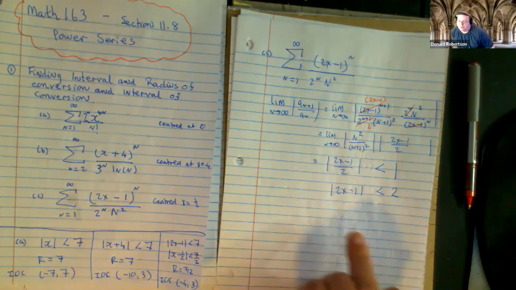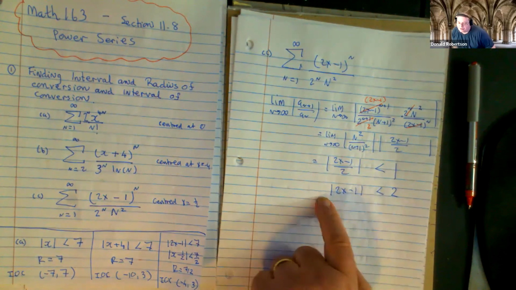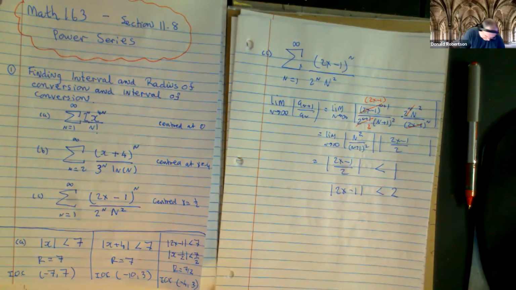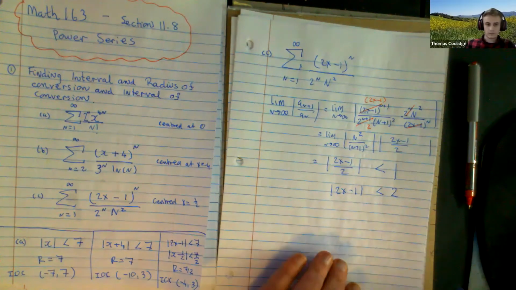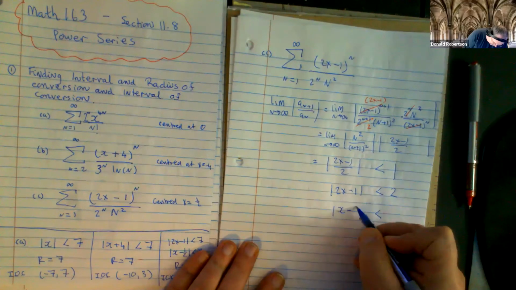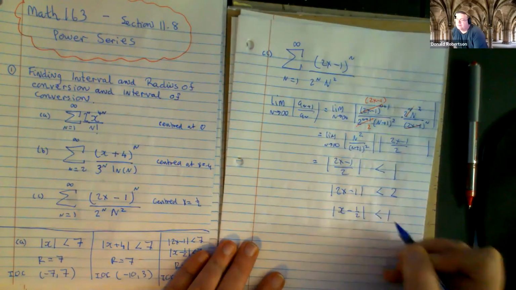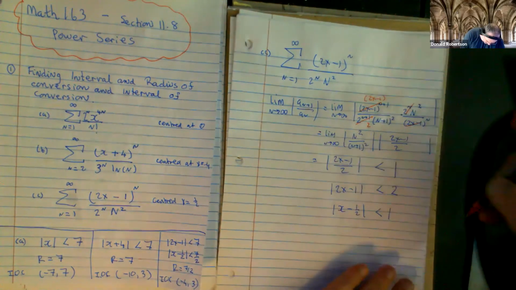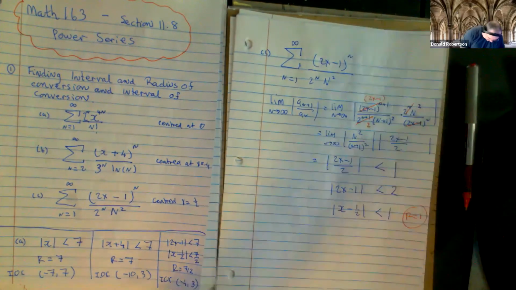So what should I do to both sides to get the radius of convergence? Divide by 2. And if you divide by 2, you get that. Are you comfortable with the half? You know, everybody gets divided by 2. Now we're ready. The radius of convergence is 1, and that's just going to be 1 forever.